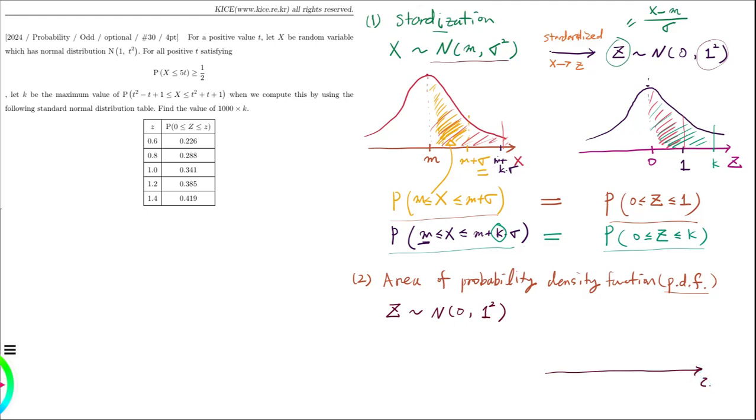As I introduced, the probability density function for random variable z is symmetric with respect to the vertical line passing through the mean value 0 here. It's symmetric.